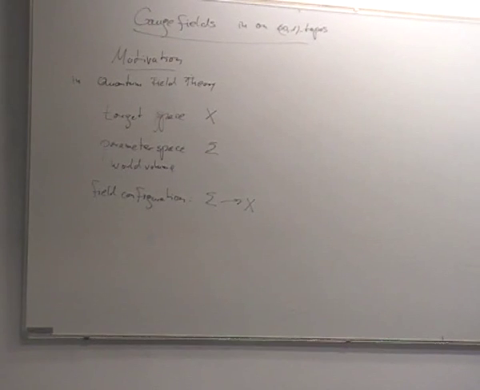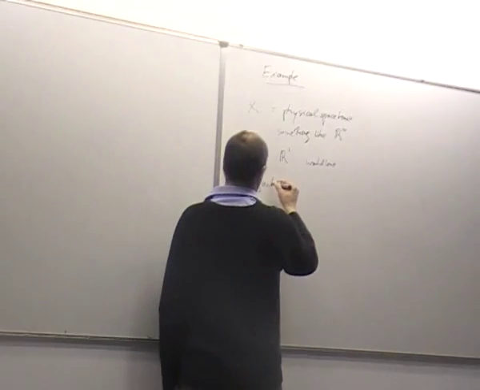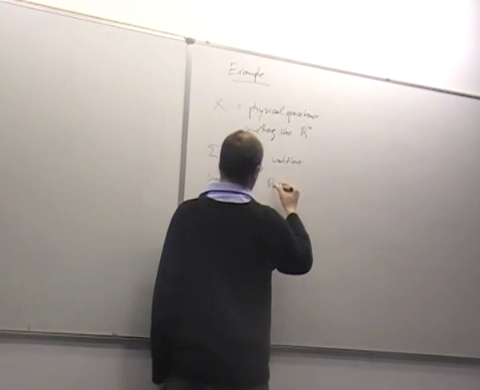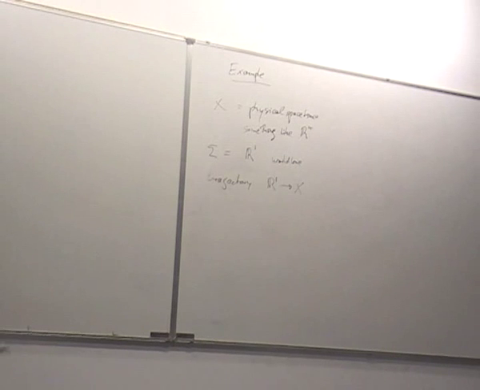This is the world line of some particle. And we have some trajectory. A map from R^1 to X, we think of as the path of some particle propagating.